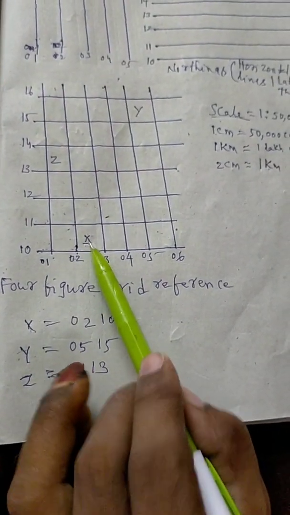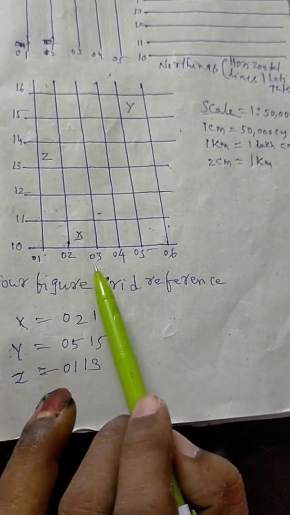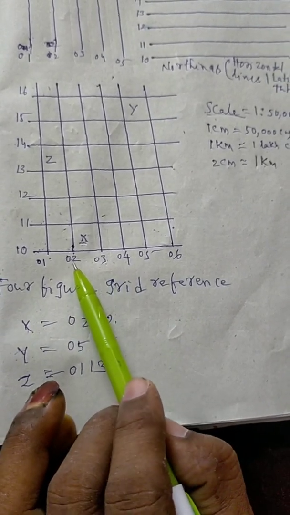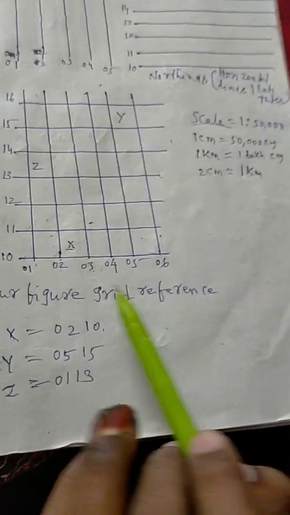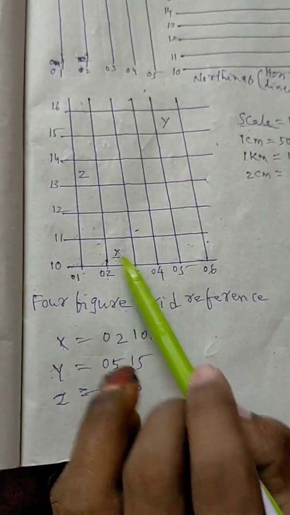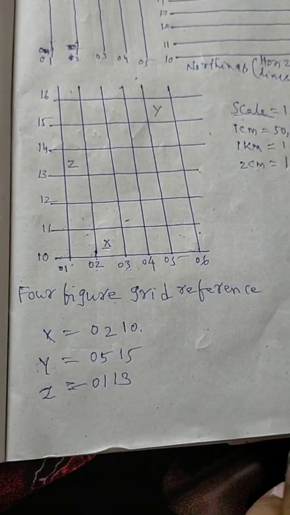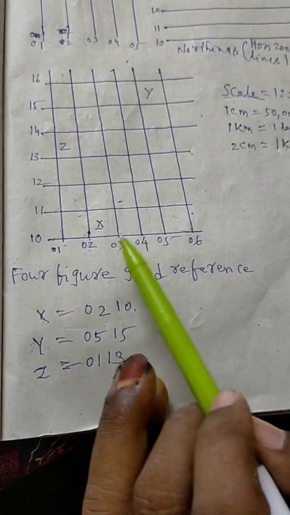Here the x is between two eastings 02 and 03. We should not write 2 3, we write 02. Now, northings, the x is between 10 and 11. Now, how to find out 4 figure grid reference of this x?